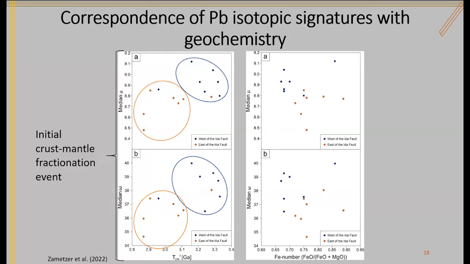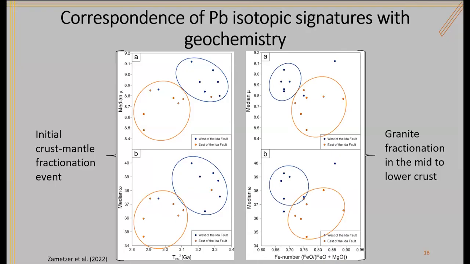And it's interesting to see that we have these lower iron number data clusters that correspond with higher omega and higher mu from the UNME terrane, and we have these higher iron number data clusters that correspond with lower mu and lower omega. So even though it might not be statistically robust, this relationship could suggest that granite fractionation in the mid to lower crust is a secondary signal that can also play a role in these lead isotopic data.